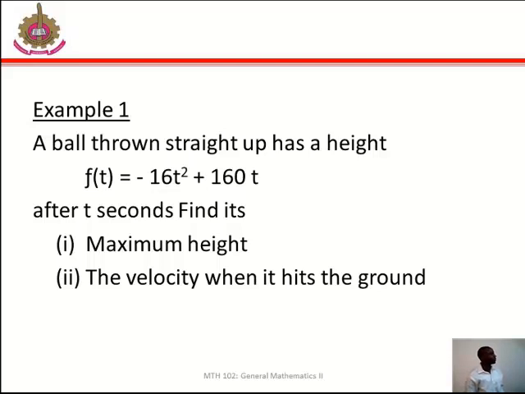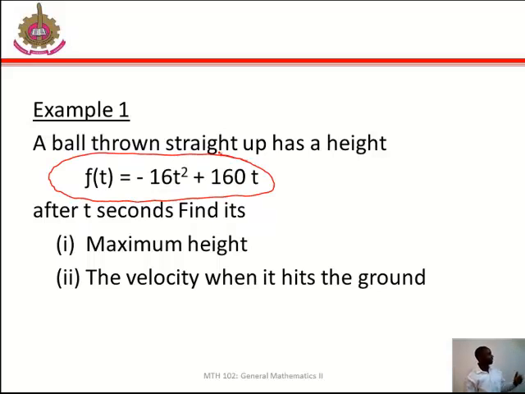the first question says find the maximum height. Recall that we said velocity is the first derivative of displacement, and displacement is expressed as shown on your screen. That is, f of t equals minus 16t squared plus 160t.